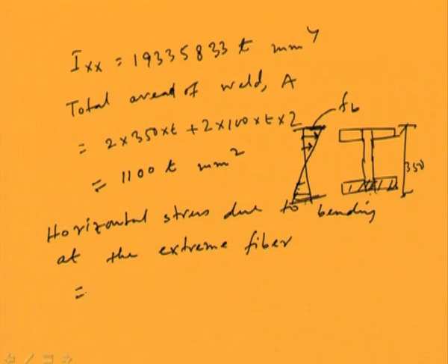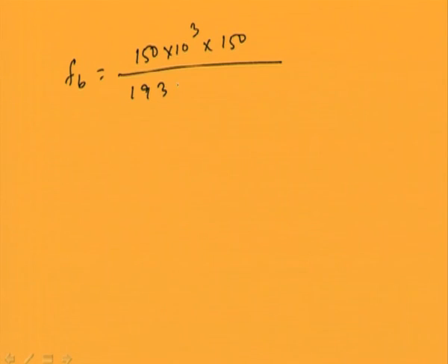So that will be FB is equal to M by Ixx into Y max. If I put in this value, FB is equal to M, which is 150 into 10 cube, this is P into E, which is the moment, by I, which has been calculated, 19,395,833 T, into Y max, which is nothing but 350 by 2.